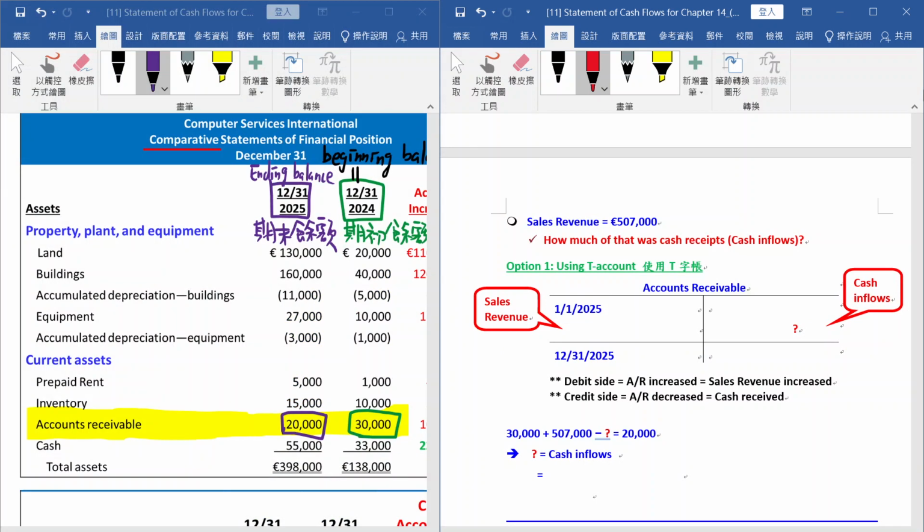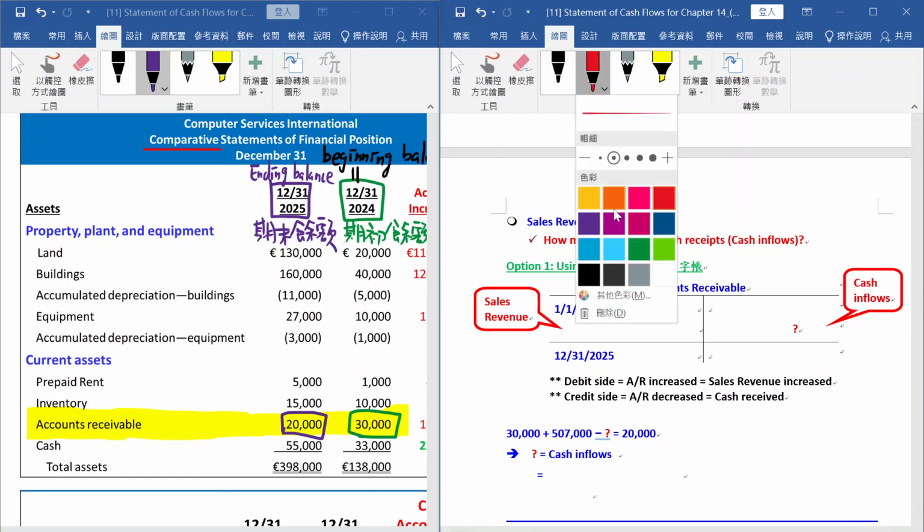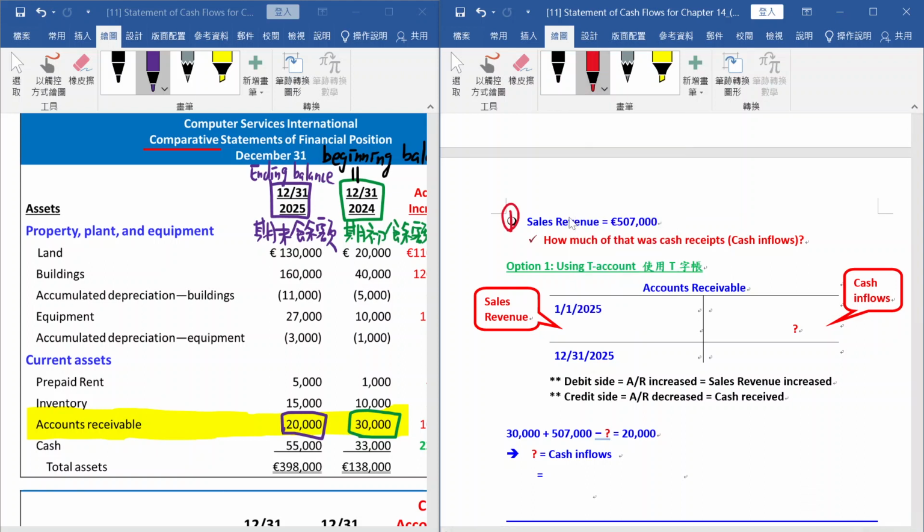The first item we want to figure out is sales revenue, $507,000. Okay? So the first item we have is what? Sales revenue, $507,000. Then we need your good friend's help, accounts receivable.